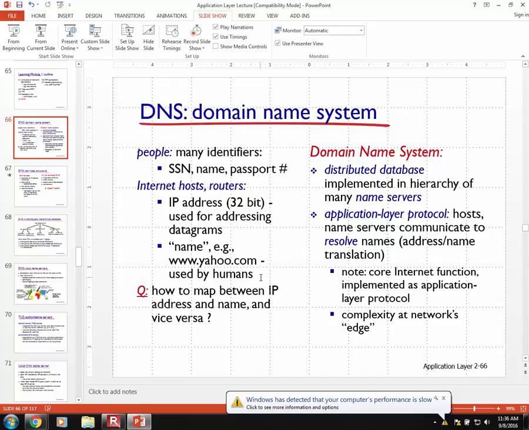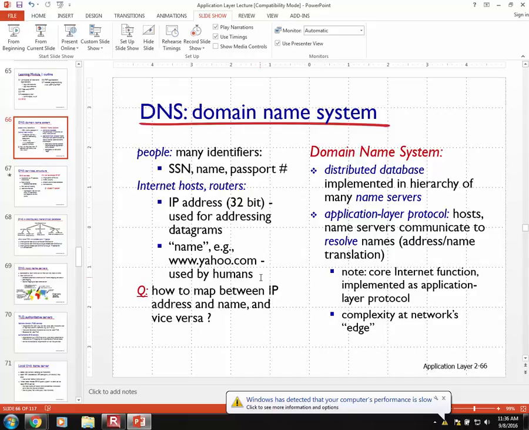It's obviously easier for humans to refer to a host by some sort of host name, but that host name really needs to be translated into a unique address, and it's usually the IP address, whether it's an IPv4 or IPv6 address.